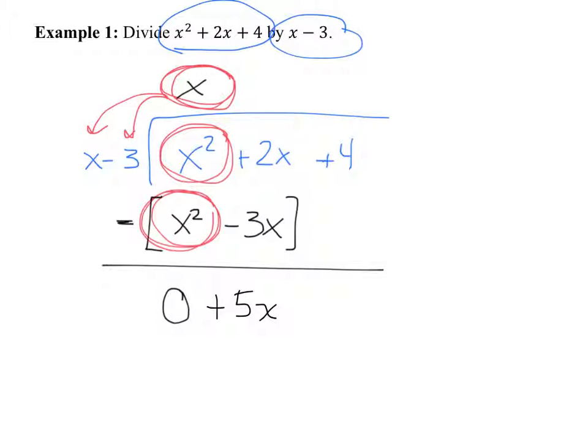All right. So far, so good? Now, if this were a number, you would bring down the next digit. If this was like 5 into 129, I would put a 2 here, get a 10 with a 2 there, right? Then what would I do? I'd take the 9 and bring it down.